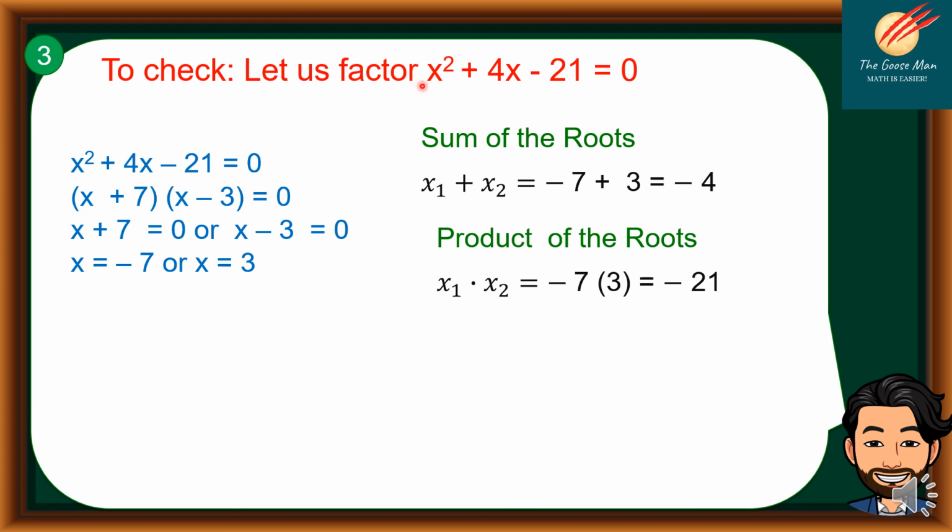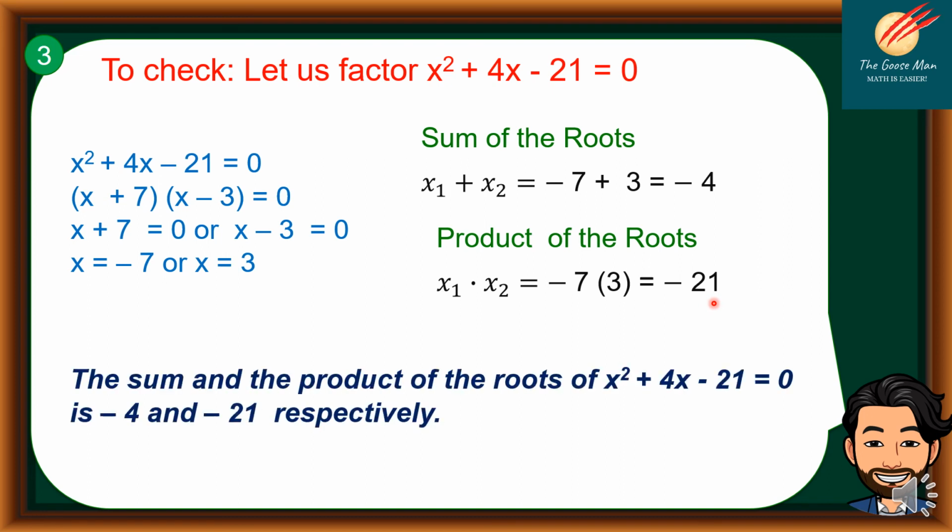If the numerical coefficient is equal to 1, then to find the sum of the roots, simply get the additive inverse of positive 4, that is negative 4. Then negative 21 is the product of the roots. Therefore, the sum and the product of the roots of x squared plus 4x minus 21 equals 0 are negative 4 and negative 21 respectively.